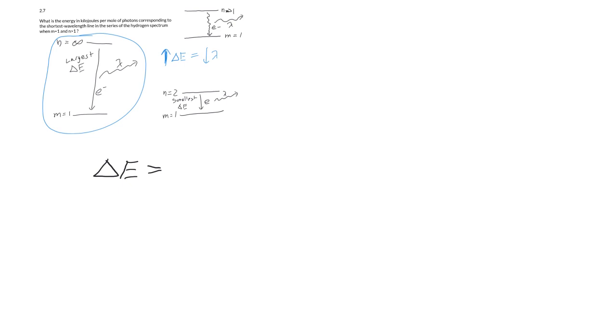That difference in energy is equal to the opposite of the Rydberg constant times the quantity 1 over n squared final minus 1 over n squared initial.